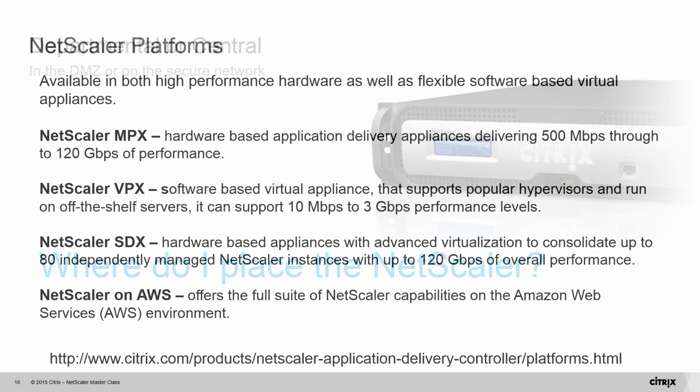What you'll also notice there is that we do have NetScaler on the Amazon Web Services environment. So a question now would be, do I want to use physical or virtual environments? Maybe I want to go hybrid, like the SDX.